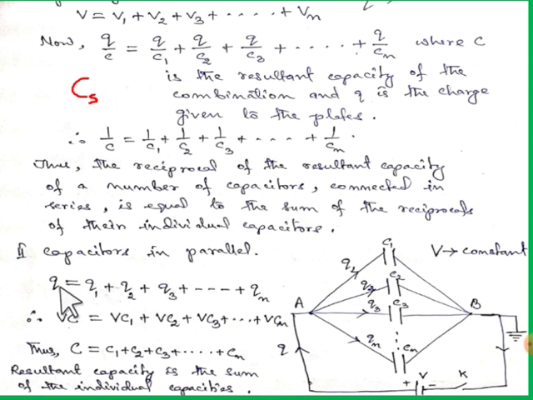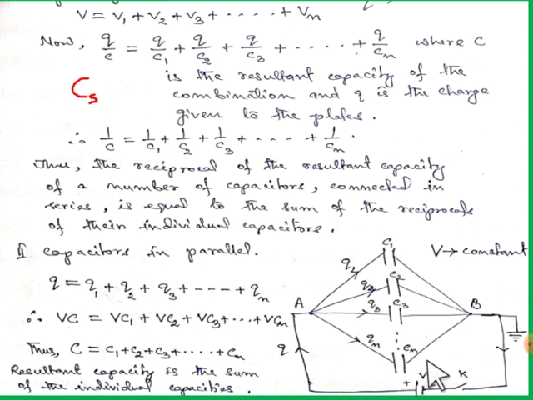So now let's try to express it again in terms of that known quantity. Now if we know that the potential difference across this is V, and if we can replace all of these capacitors by a single capacitor having its capacitance C, then that C will be known as the equivalent capacitance of all these capacitors.